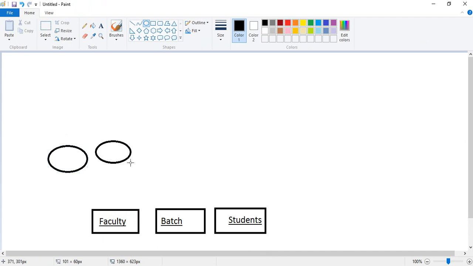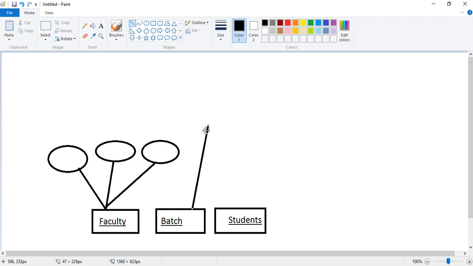The first attribute, then the second attribute, then the third attribute, and then for batches you can create the attributes also. That's first, that's my second, and that's my third, and likewise you can create the attributes for batches also, and mention your attributes here.